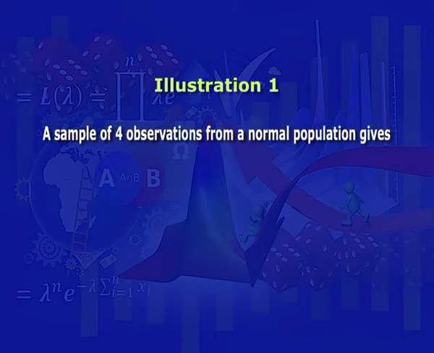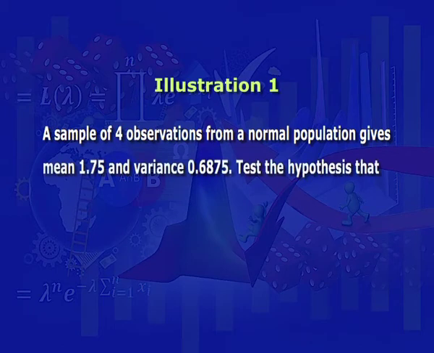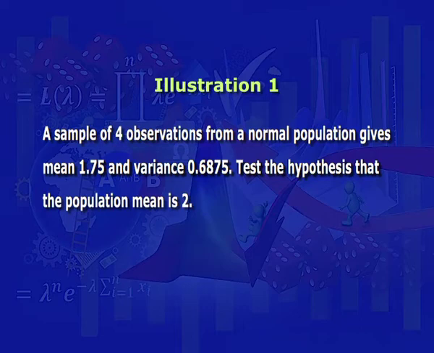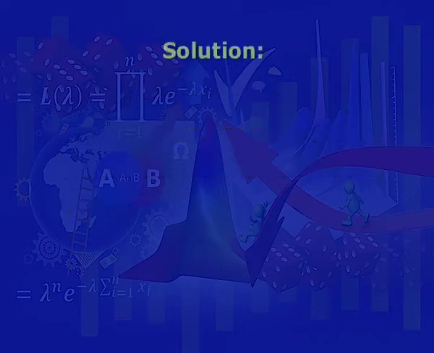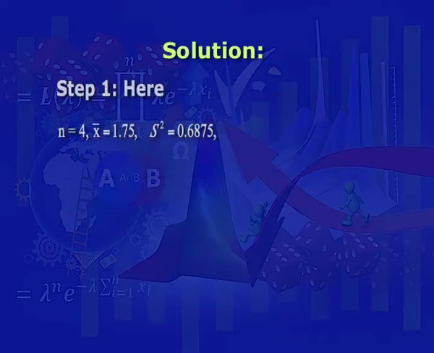A sample of 4 observations from a normal population gives mean 1.75 and variance 0.6875. Test the hypothesis that the population mean is 2. Let us see the solution. Step 1.